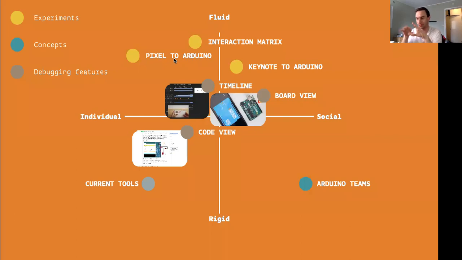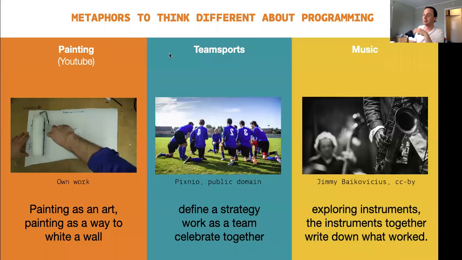Again, I think these are somewhere in the middle. I think the board view was quite interesting also because of the sound. So the whole group knows what the program is doing at a certain point, because it's not just visual on one interface, it becomes sound as well. So then multiple people can understand, if I press the button and the sound doesn't work, then there's something wrong with the cable in between, for example.